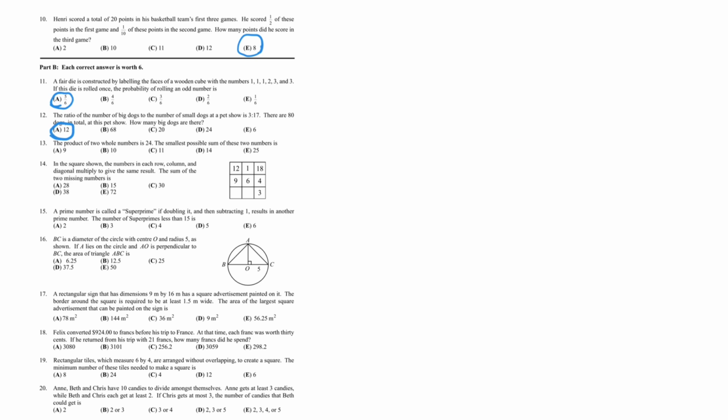Number 13. The product of two whole numbers is 24. The smallest possible sum of these two numbers is... The product is 24. The factors of 24 are 1 times 24, 2 times 12, 3 times 8, 4 times 6.